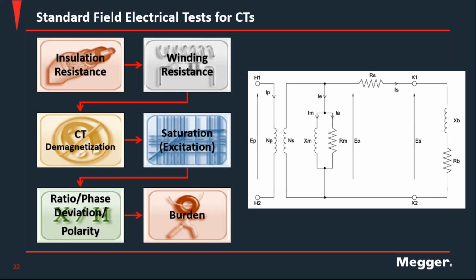Remember that the excitation curve has two sides. It has the linear part, the operation point where you want the CT to operate, with low excitation current and relatively high voltage, and then you have the other part too, the one that's beyond the knee point.